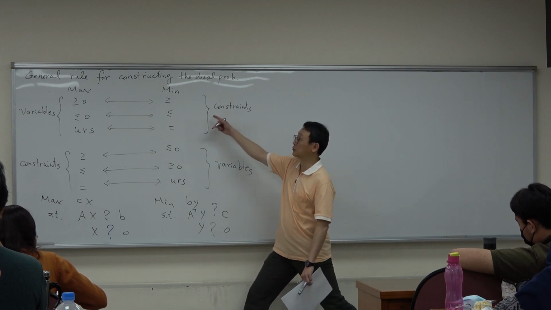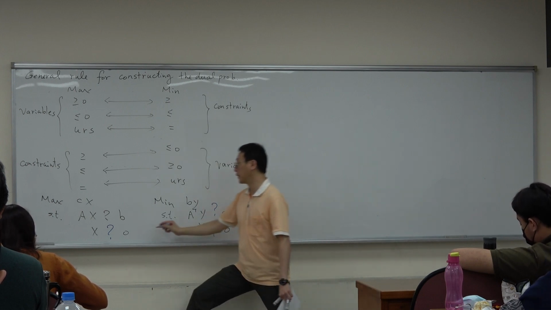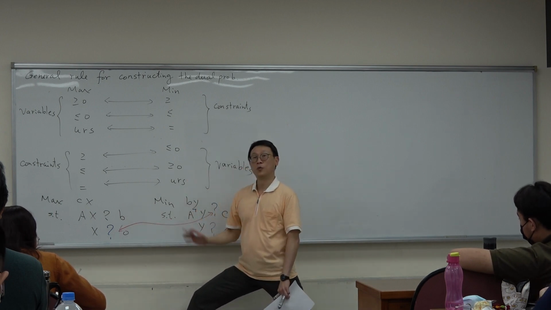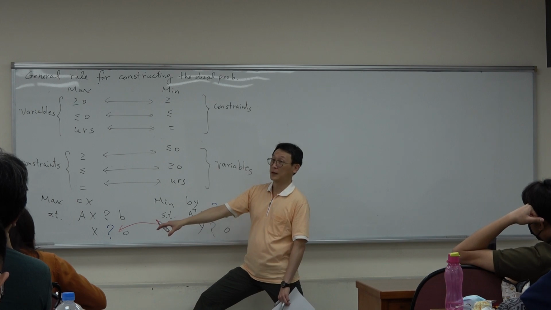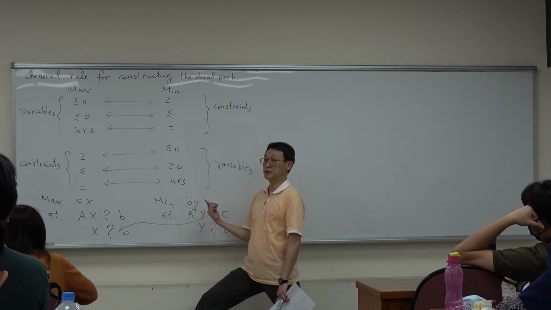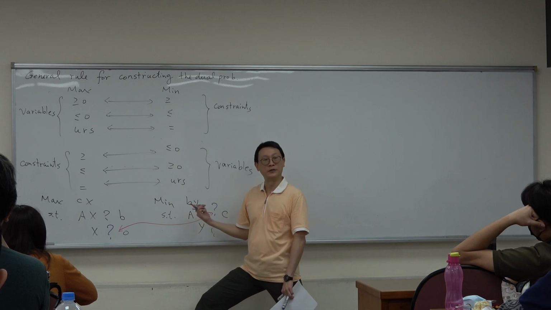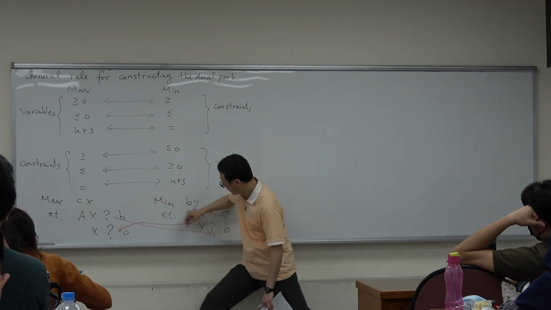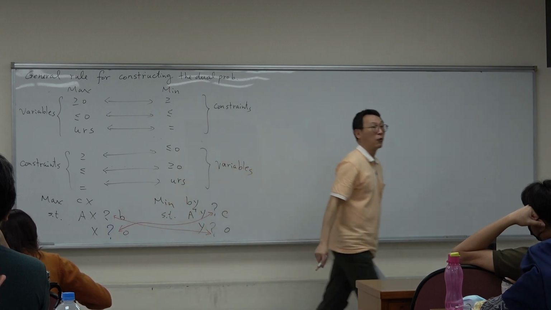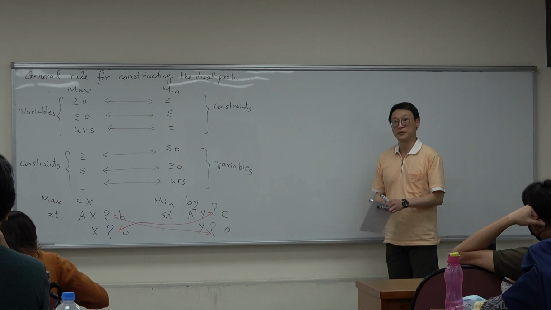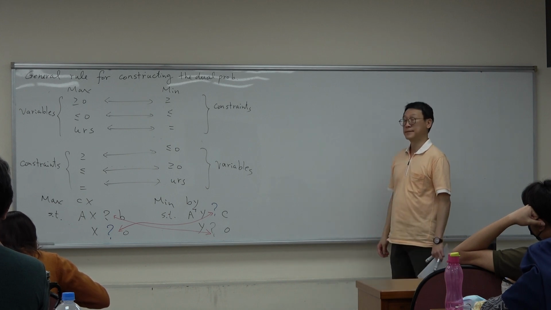We just go back to this table, and this table tells us one problem's variable will influence the dual problem's constraint. Again, correspondingly, one problem's constraint sign will influence the dual problem's variable sign.